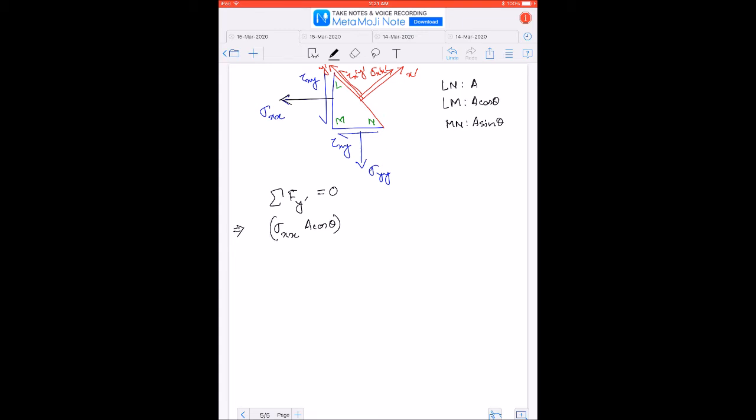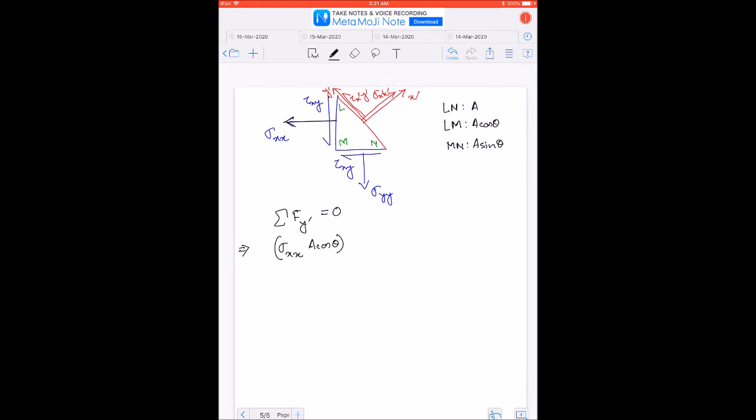Now this force is directed along x, and we need to take the component of it along the y dash direction. So you note here that the direction I'm interested in, so maybe I need to draw that parallel to y dash.